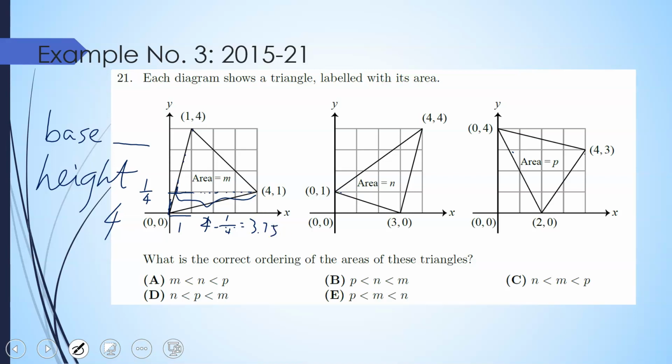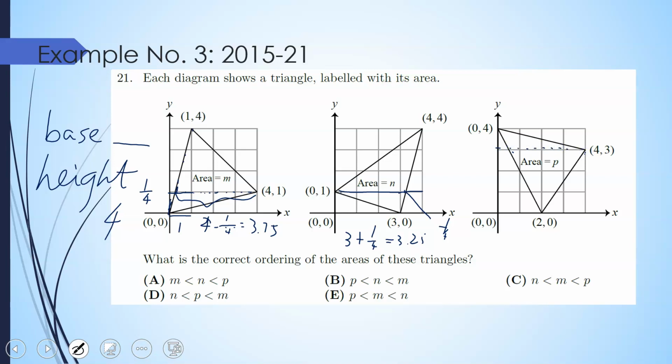And let's look at this. This line bisects this small line at the 1/4 point. So the length of this base will be 3 plus 1/4 equals 3.25. Now let's look at the third triangle. Also this line.